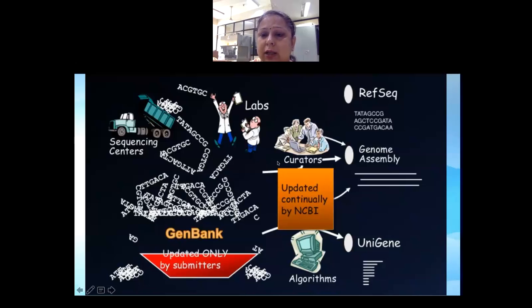Then there are curators, and then you have a genome assembly, and then we have databases like GenBank, which are regularly updated with the help of submitters who keep submitting their newer findings and their new gene sequences. With the help of all the computational knowledge, use of different algorithms, different databases are being made.